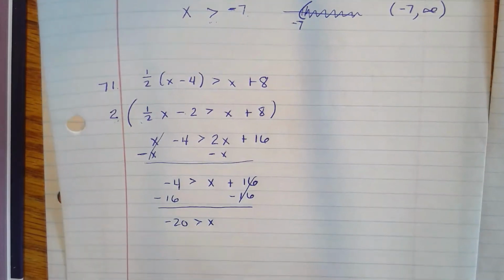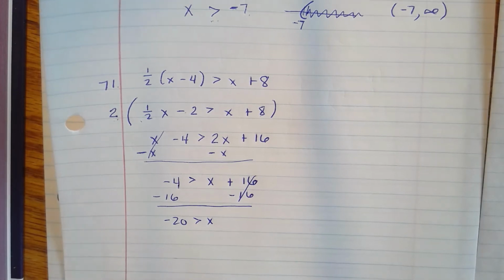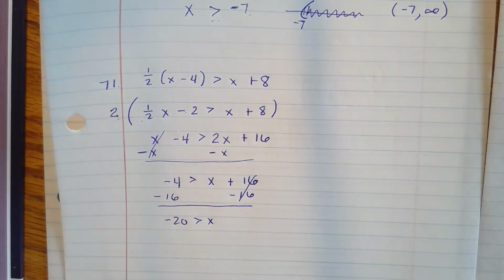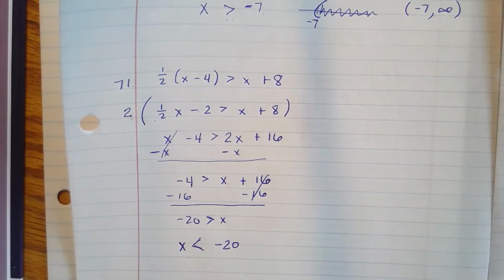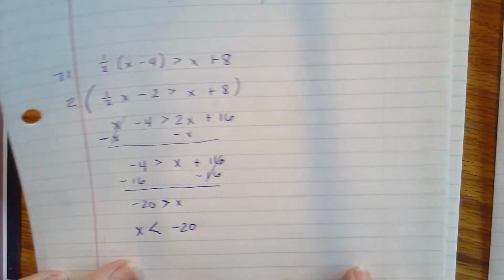Before you do anything else with it, I would encourage you to rewrite it with the x on the left. So think of it as taking this and literally flipping it over. So the x goes here, the negative 20 goes here, and since it was pointing to the x, it needs to point to the x. So that makes it become x is less than negative 20.